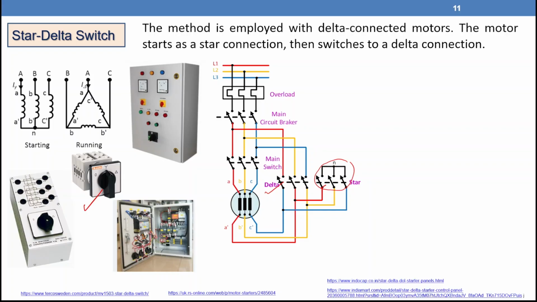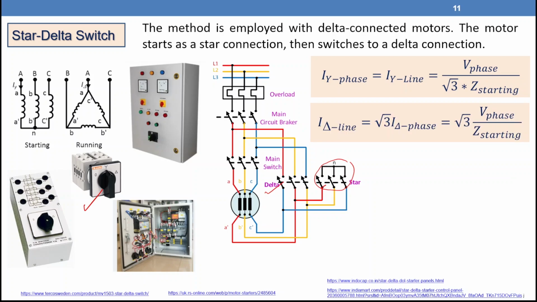So let's look at some equations here. In the star connection, phase current equals line current. So in star connection, phase current equals line current equals V phase over root 3 Z starting, with s equals 1 in this case. But if you have a delta connection at the same instant, the line current in the delta equals root 3 times the phase current in the delta.